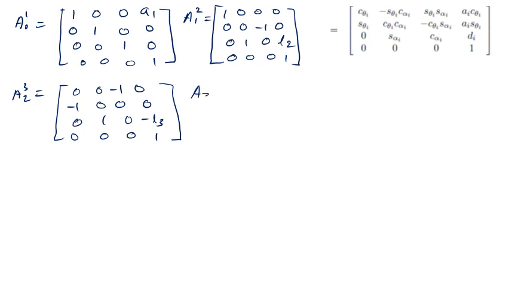A34, similarly we can find, which is 0, 1, 0, 0, 1, 0, 0, 0, 0, 0, minus 1, D2, and 0, 0, 0, 1.